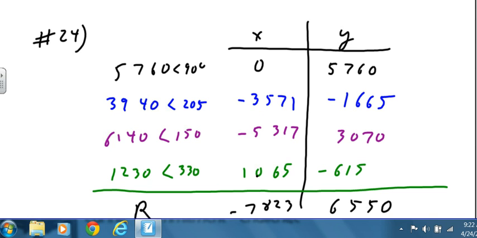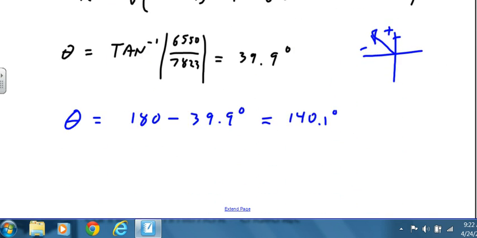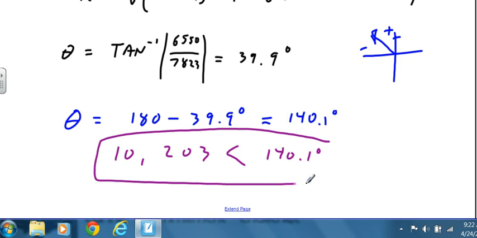Hit the enter key, and my calculator would have told me that my answer was 10203 at an angle of 140.1. So my calculator got the exact same answer that I did, except that I'd have to round it to 3 significant digits in the magnitude.